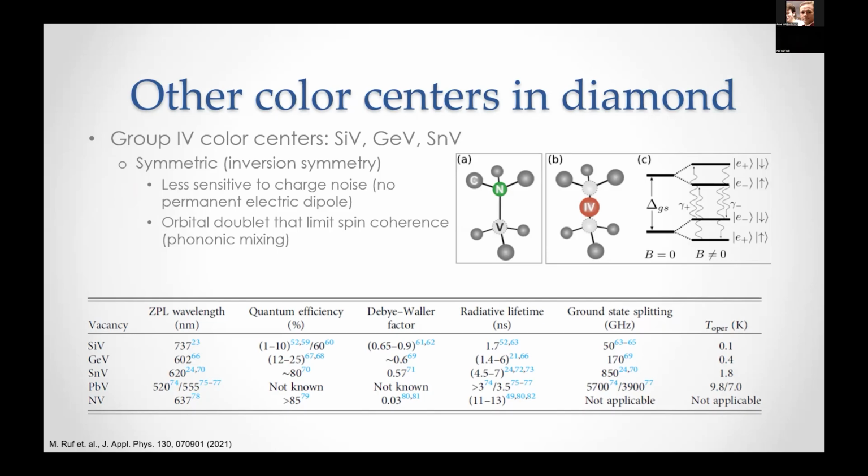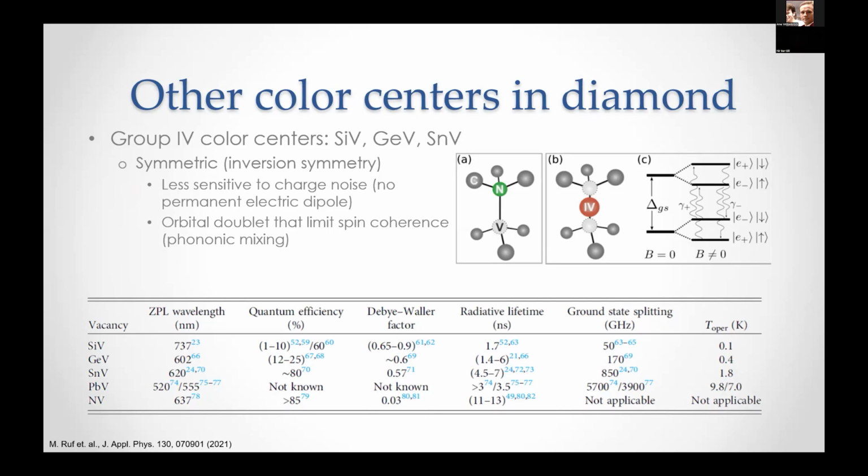That also led people to look into other defects in diamond that are sometimes called group 4 defects. This is the NV, but this is, for example, another group 4 defect, which is kind of symmetric. You see two vacancies and the defect. This could be silicon, germanium, tin, lead.